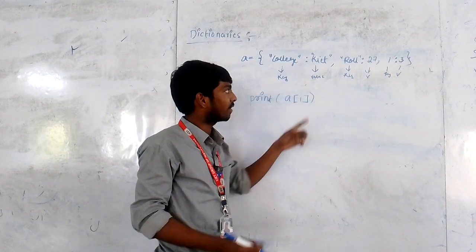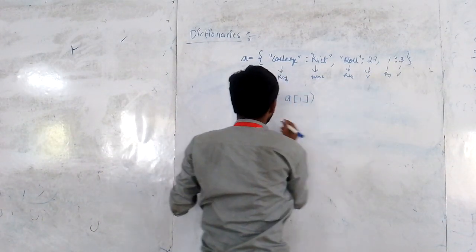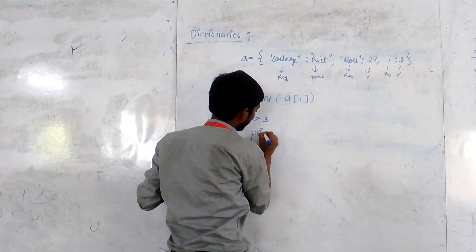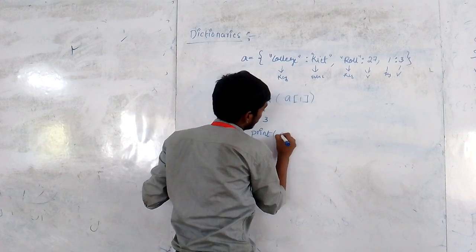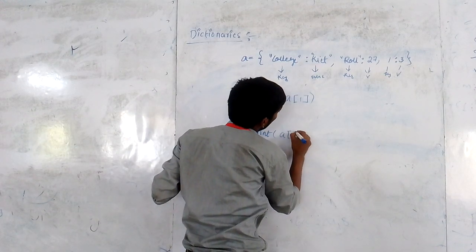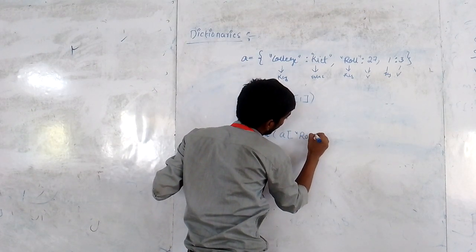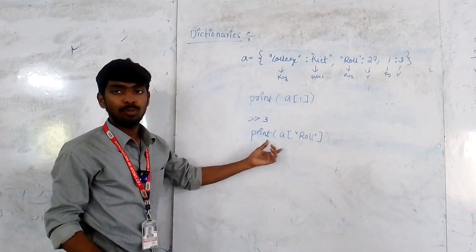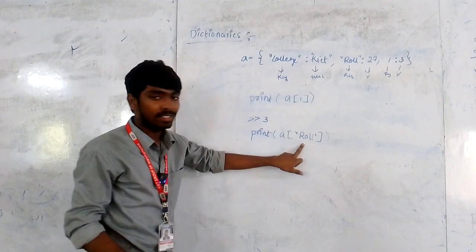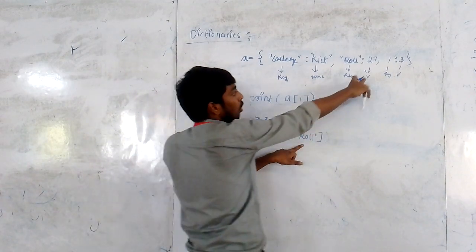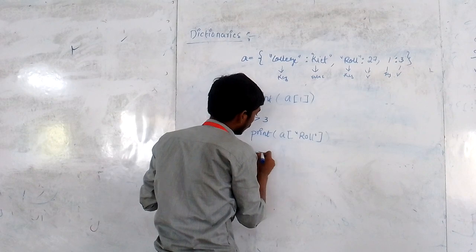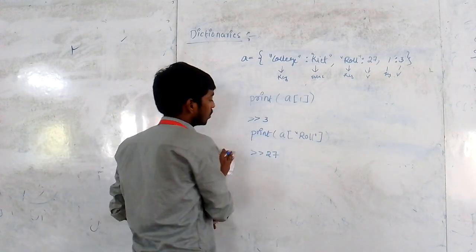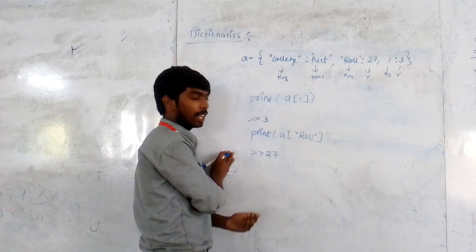The value of this key is 3, so the output will be 3. For more clarification, now print a of roll. Roll is the key, and the value for roll is 27. So the output will be 27. This is accessing elements in a dictionary.